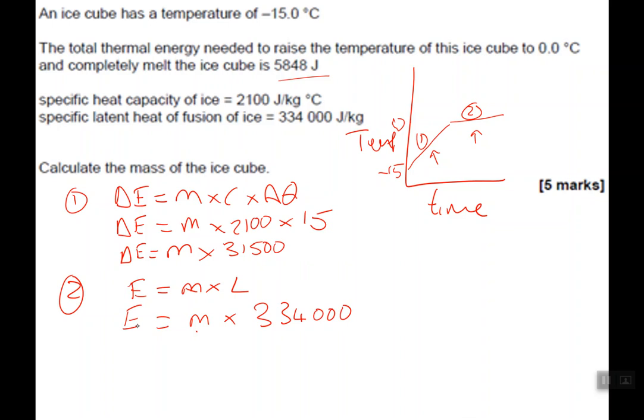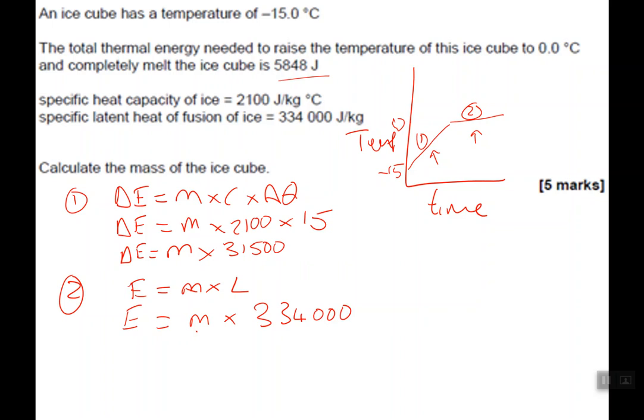Just remember here, we're assuming that no water has evaporated in this case, because in real life, if I change the state of ice that's minus 15 to 0, you may get some evaporation. You may even get some condensation of the water vapor in the air. We're assuming that there is no mass loss in this case.